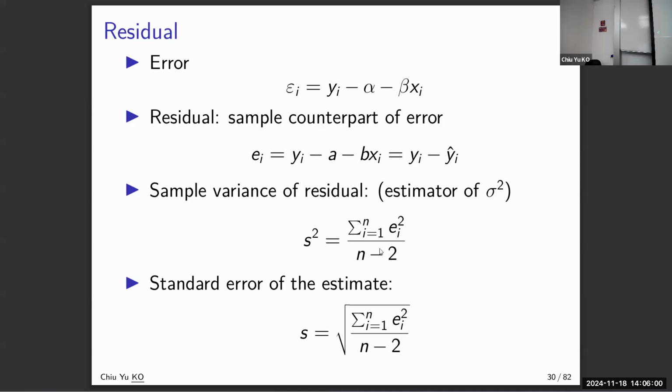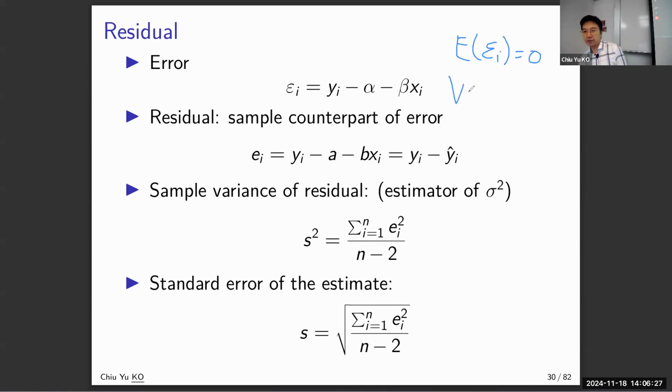Remember, epsilon i is the factor that is not captured by X but contributes to Y, right? And we say that on average, these other factors net out each other, so on average it is 0. Remember, the classical assumption we have: the expectation, meaning on average, is 0, the first one.